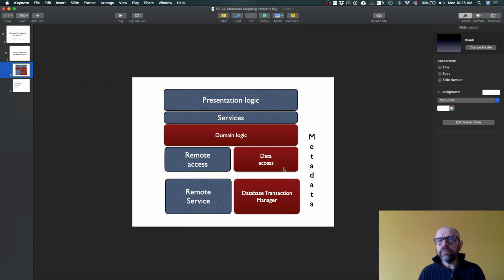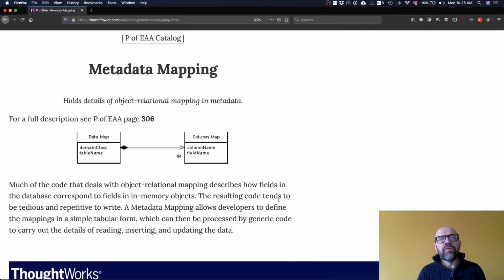Okay. And of course, as you read, you read about the advantages of code generation or reflection when you do this.